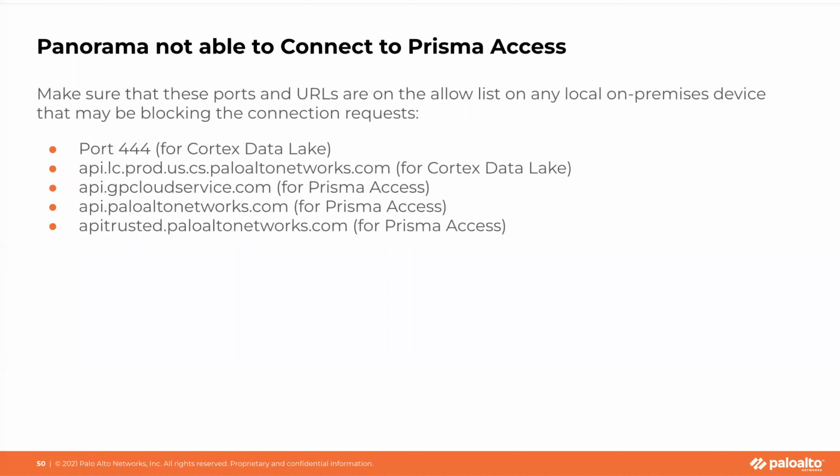If you have encountered any of such errors between Panorama and Prisma Access, first of all, make sure that all the ports and URLs mentioned here, which is port 4444 and all the APIs, are on the allow list on any of your local or on-premises devices that may be blocking these connection requests.